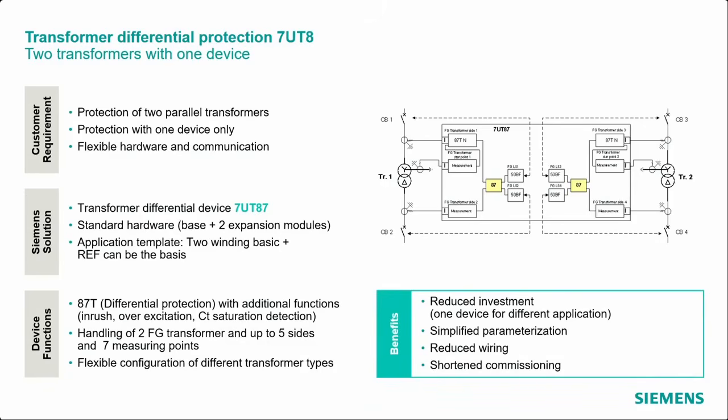In the past, you usually had an overcurrent device as a redundancy device, but here, if you double the device, you have 2 times the differential protection, and you have the full redundancy and of course the full sensitivity to protect your transformer.